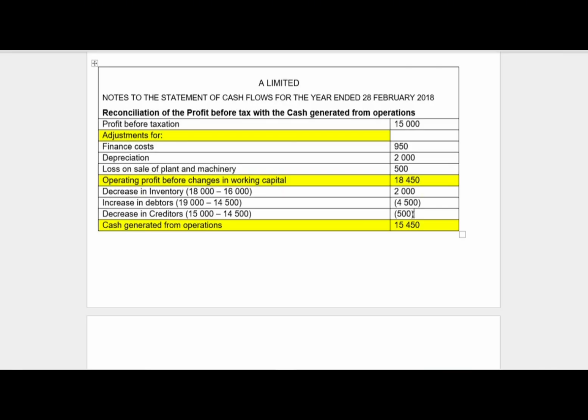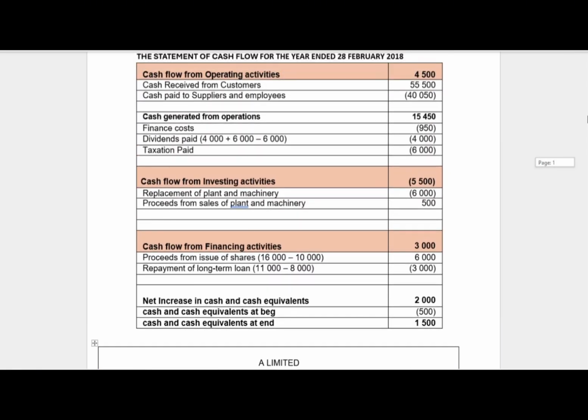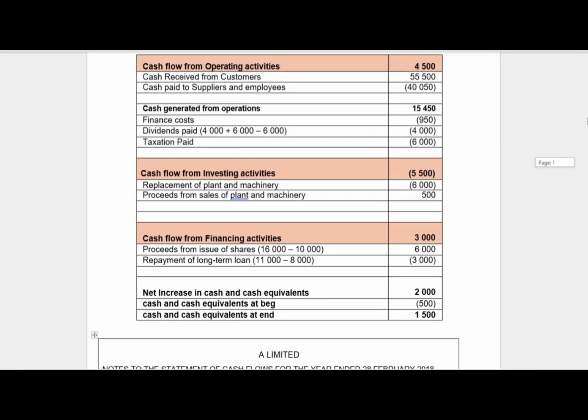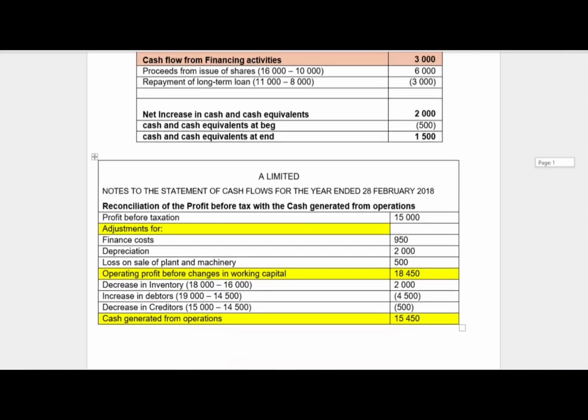You less 4,500 increase in debtors. You also less decrease in creditors, which is 500. And we are getting 15,450, which is the same as the cash generated from operations in the main cash flow. So they must always be the same. If they are not the same, something is wrong. So you need to make sure that they are the same, because they have to be the same.